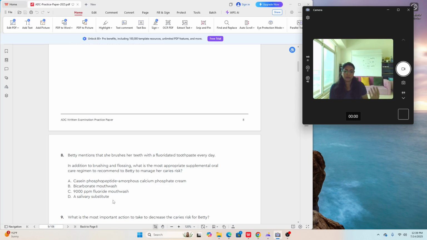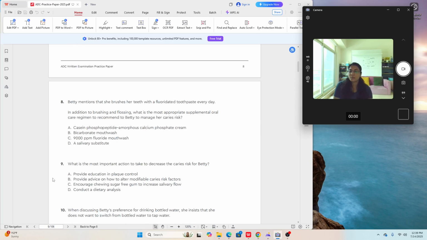Saliva will overall help, but it's not going to remineralize the tooth structure. It is the calcium which is going to do that. So if I have an option of specifically giving that, I'm going to choose that. But if option A was not mentioned, probably I would have jumped to option D, because it's not wrong either. But if I have to choose the most appropriate one, then that is the most appropriate one.